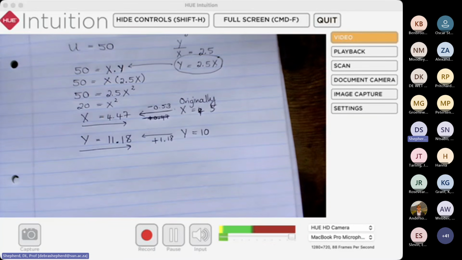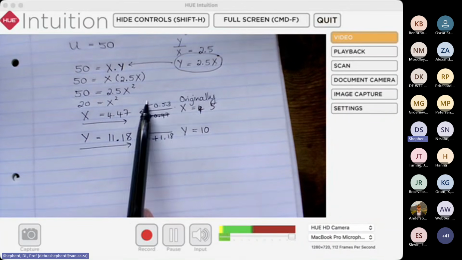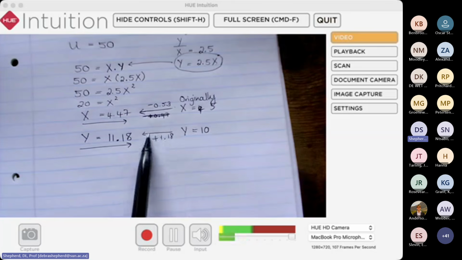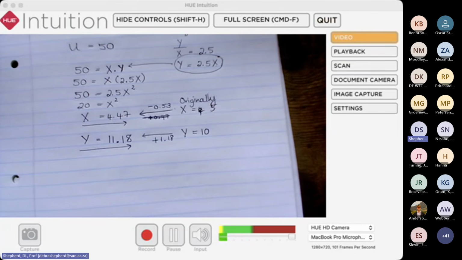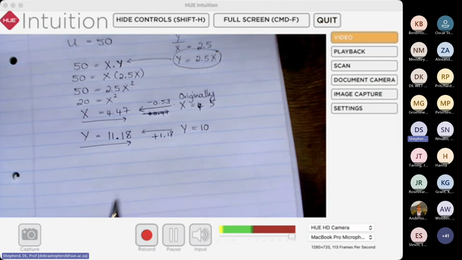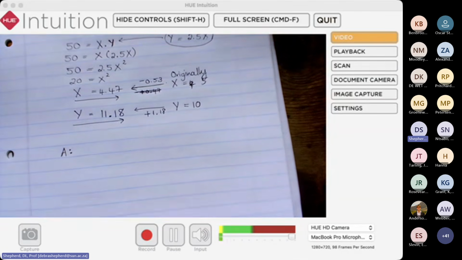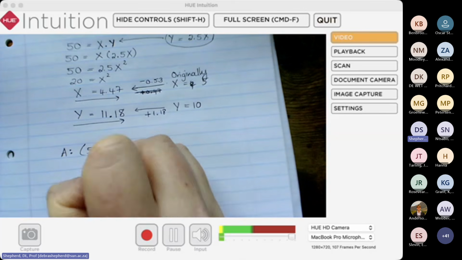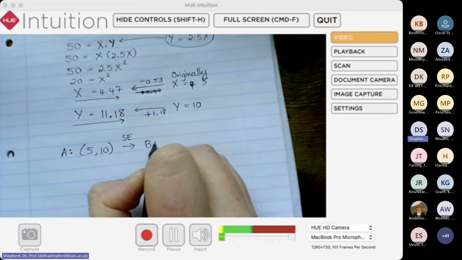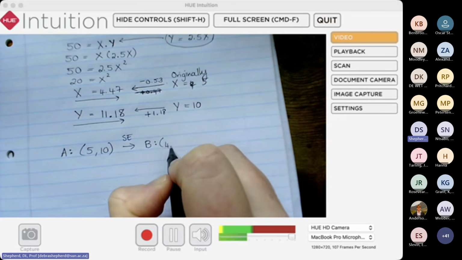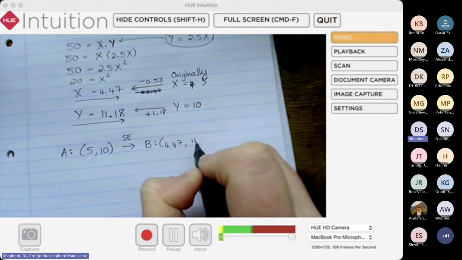Whereas the marginal utility that you get from Y in relative terms is now going to be greater. So the substitution effect should be negative for X and positive for Y, because a rational consumer would substitute away from X towards Y. So if we call A her original consumption bundle, that was 5X and 10Y, the substitution effect then takes her to a new bundle, I'll call it B, and that bundle is 4.47 and 11.18.